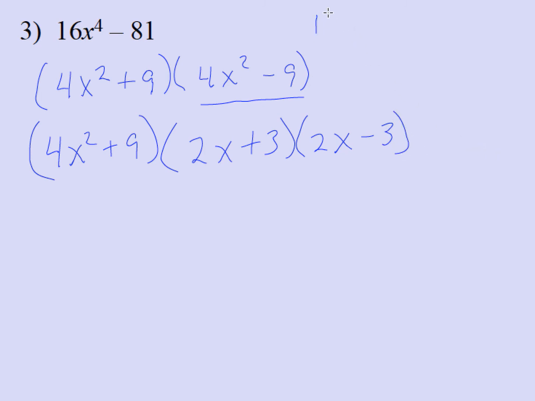Sometimes when I see these different powers, I cut them in half and I see if that would have helped me. And that would have, I would have done 4x plus 9, 4x minus 9, and then I just double these guys. Since I cut it in half to see if I saw the pattern, and I just double it and it gets me right back to here.